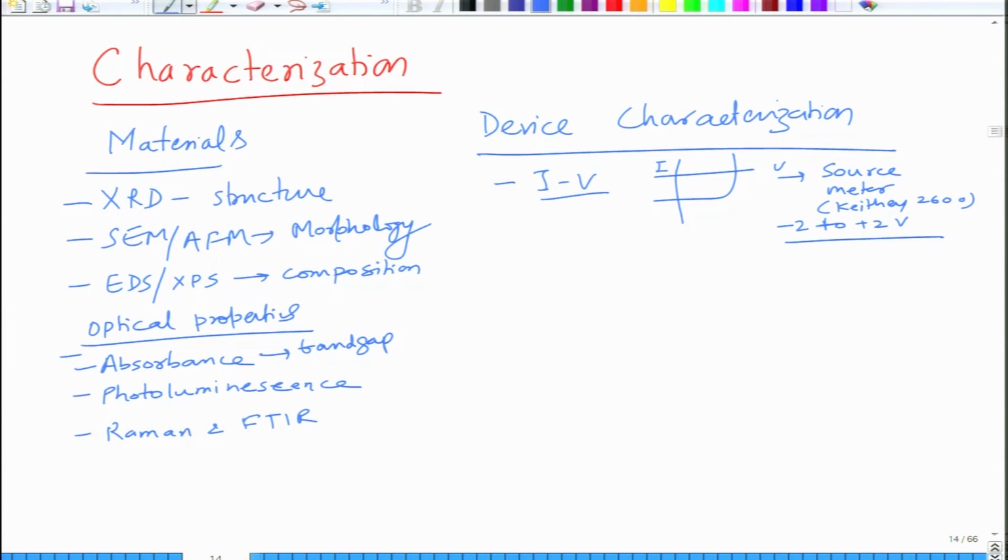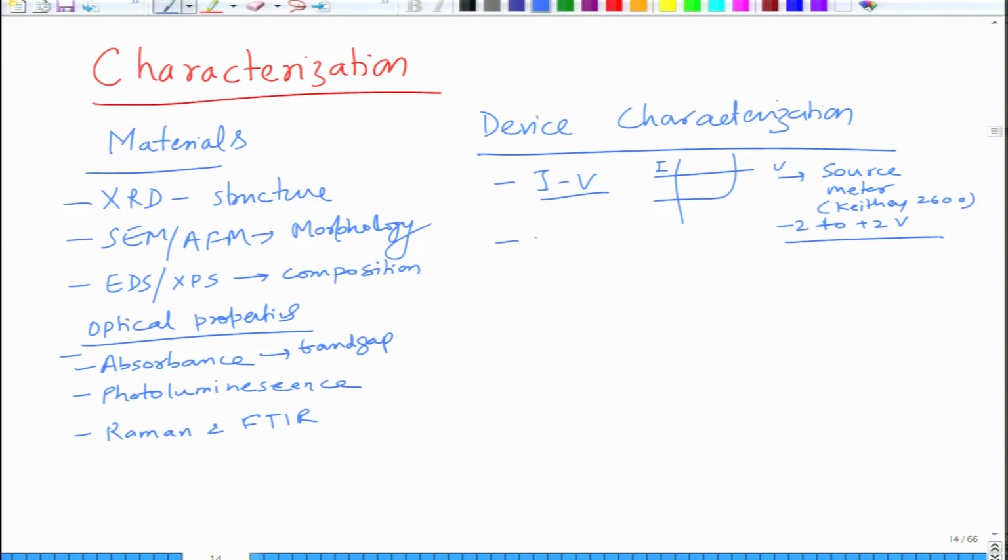And you must have current compliance, so you must know the equipment based on the current and voltage compliance of the device, so that your current and voltage levels are within the threshold measurement capability of the equipment.